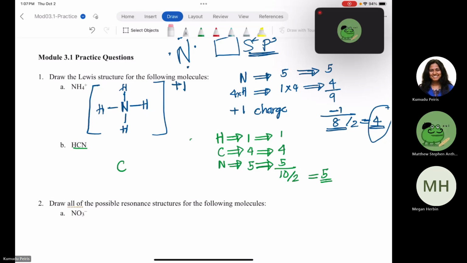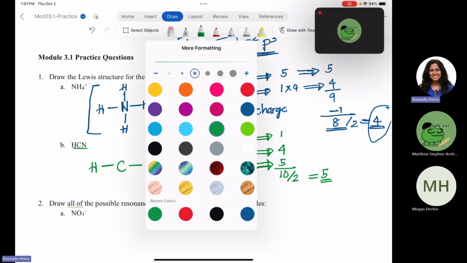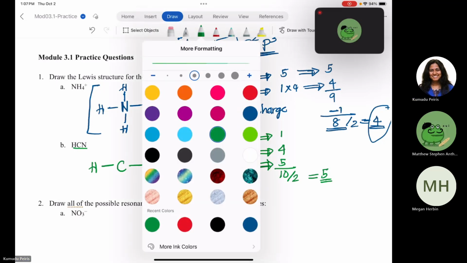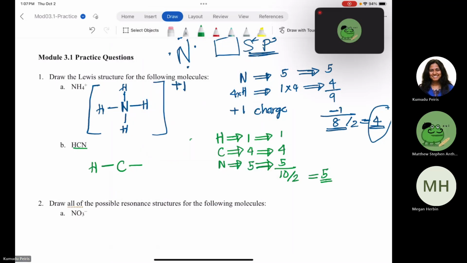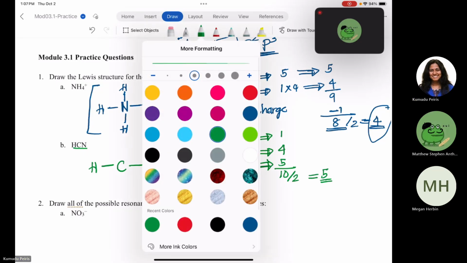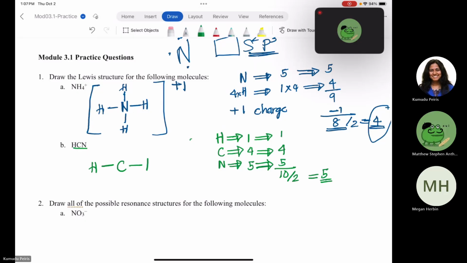Here I connected the hydrogen, and there I connected the nitrogen. Now, how many electron pairs are there? There are 5 electron pairs.